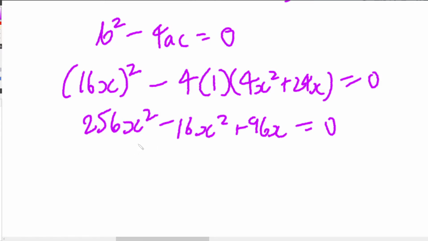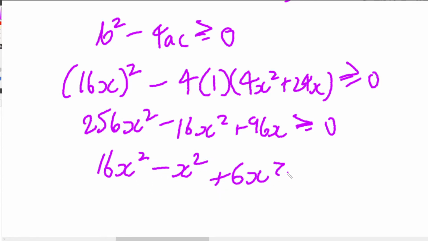If we divide all of these terms by 16, or not really equal to 0, it needs to be greater than or equal to 0. If we divide all of these terms by 16, we get 16x squared minus x squared plus 6x is greater than or equal to 0, or 15x squared plus 6x is greater than or equal to 0.